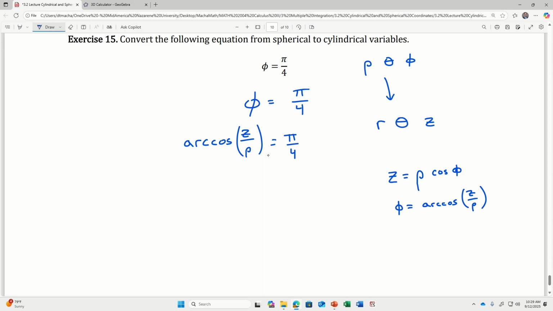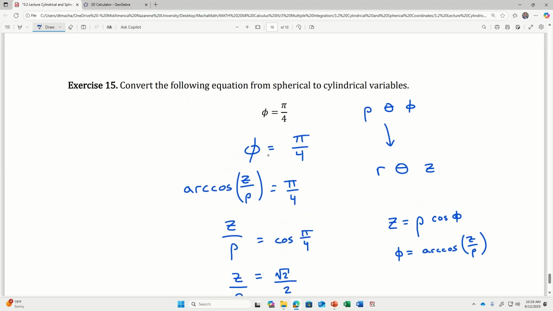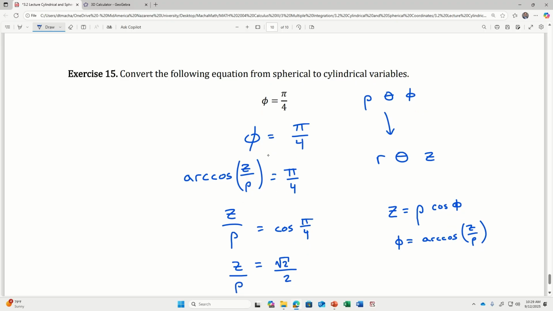And I can get rid of the arc cosine by taking the cosine of both sides. Now cosine of pi over 4 is square root 2 over 2. And am I done yet? I need this in cylindrical variables, so I need it in r, theta, and z.